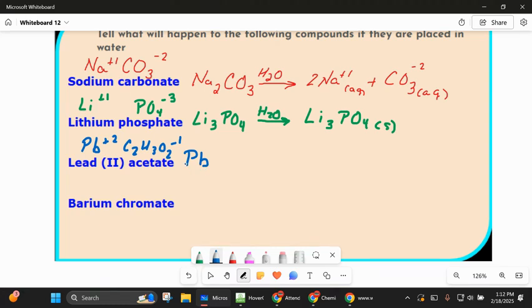Whoa, slow down. You're getting ahead of me. What I want to know is, see how we wrote these as a formula first? What would this formula be? Before we get into saying, okay, is it aqueous or is it a precipitate? So what would this look like as a complete formula? Thank you. There you go. That was what I wanted first.